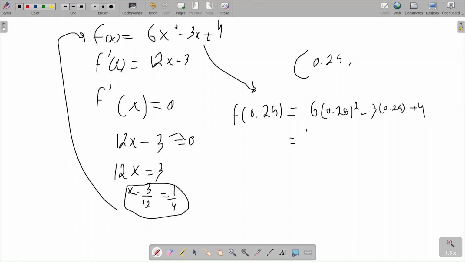This is going to give you 3.625. Okay, so the turning point of this function is 0.25 for the x and 3.625 for the y.